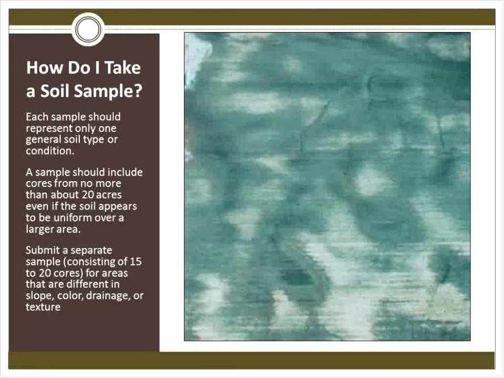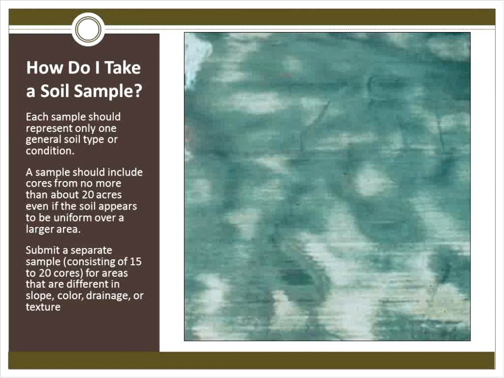A very easy way of doing that: everybody's aware of Google Earth, Google Maps, Yahoo Maps, Microsoft's Live Maps, whatever. Get on the internet, find the field you're worried about, and just look at it and take a color picture like this. And that's exactly what this is. This is off of Google Earth, I think.